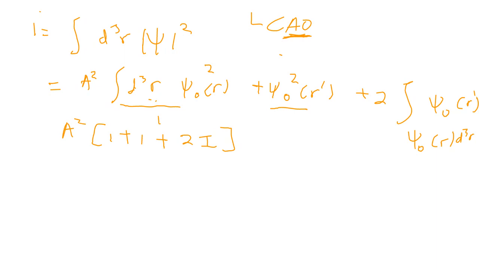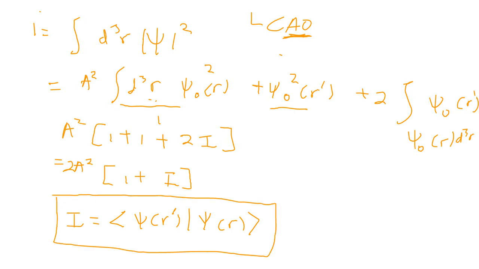So you end up with a squared times 2 times 1 plus this integral that I've called I. So other name for this integral is the overlap. So it's the inner product between psi of r and psi of r prime. So we then have to try and compute what that integral will be.